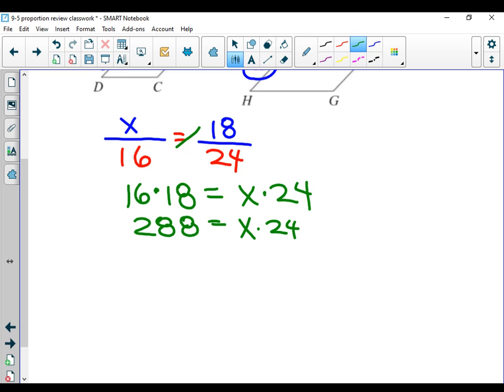Good memory. Ellie, did you say that same thing? Good memory. Can't multiply, divide. Just like if you can't add, subtract. So then I would type 288 divided by 24.